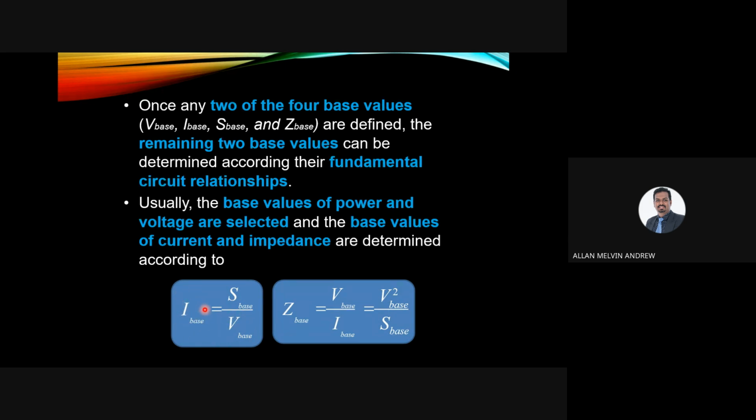Once you find I base, you already have three, then you can use this formula to find Z. Once you get all four, it is easier for you to find the other values. So we'll see one example later.